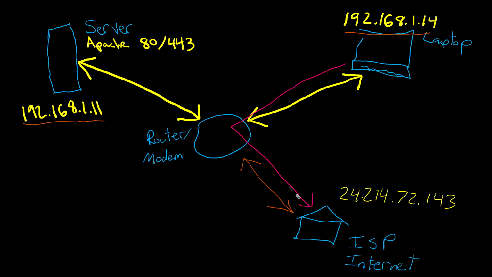Now, I don't know how far it gets, but what will happen is it'll come back and hit your router. Your router is going to see traffic on port 80. It's going to say, where do I send traffic on port 80 coming in? And of course, if you've configured your router correctly, it's going to say, oh yeah, to this IP address here, your server.